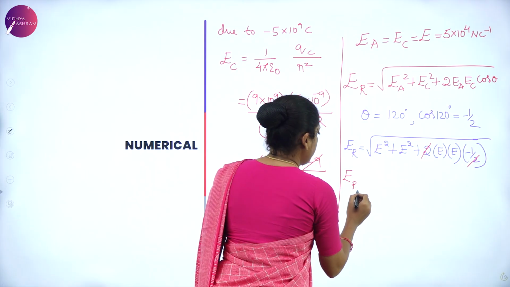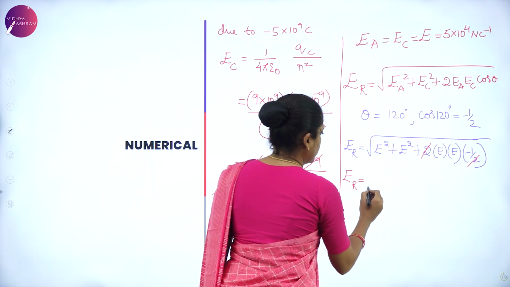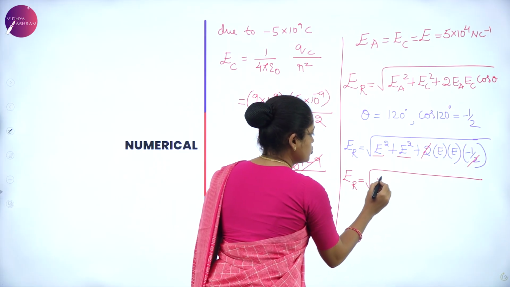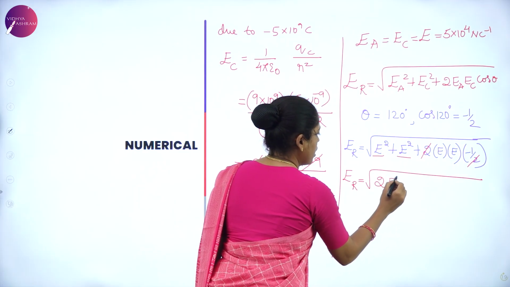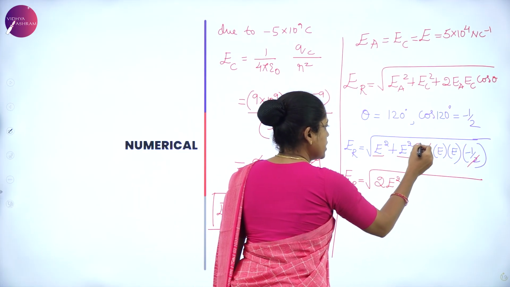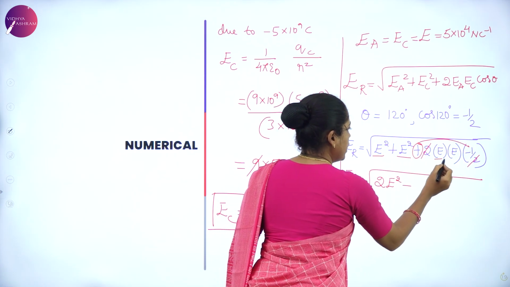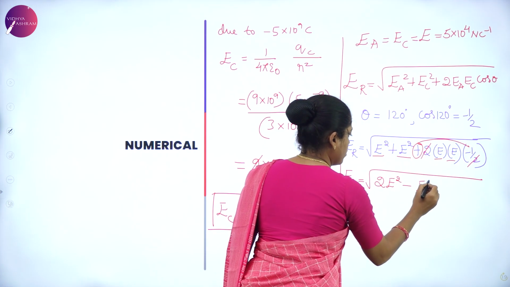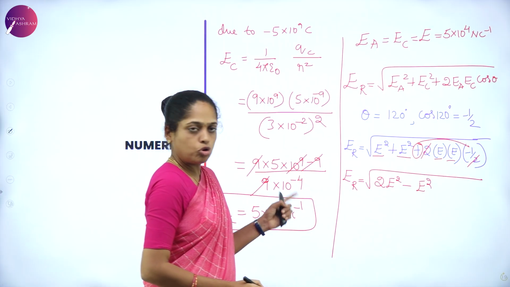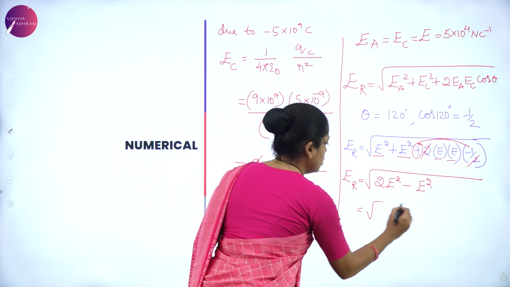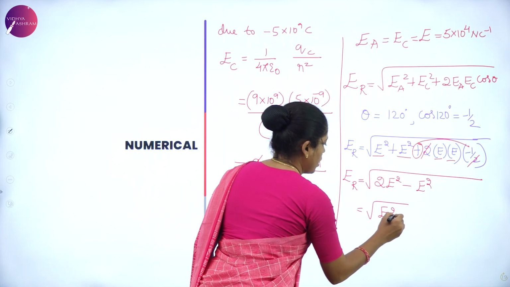In the next step, ER is equal to E square plus E square is 2E square, and plus into minus is minus, E into E is E square. So we have 2E square minus E square, which is equal to E square.